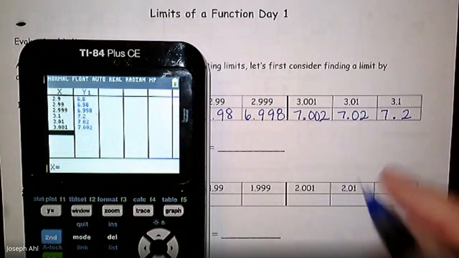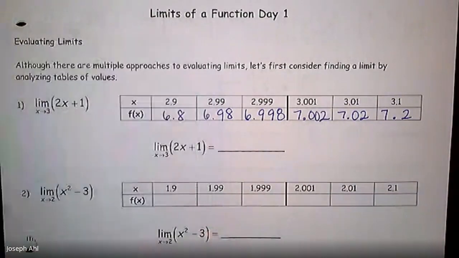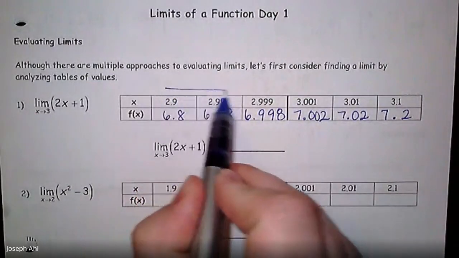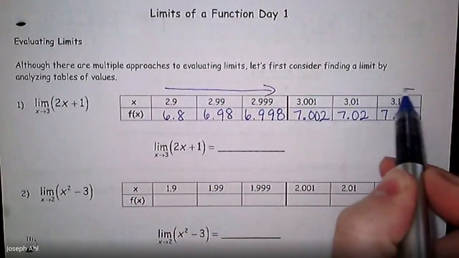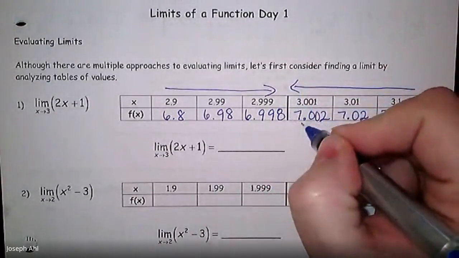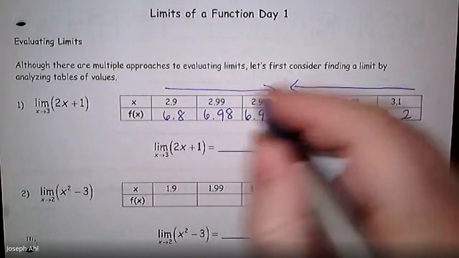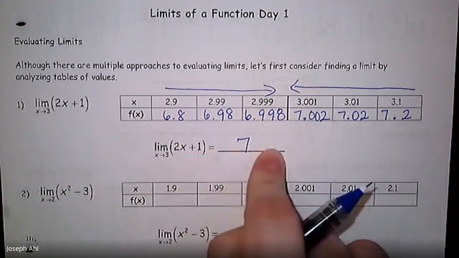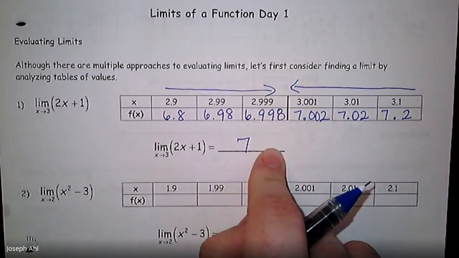You can imagine if I keep adding more and more zeros here, or more and more 9s here, that as I approach x equals 3 from the left, and as I approach x equals 3 from the right, we're getting really, really close to a value of 7. So therefore, we say that the limit as x approaches 3 for the function 2x plus 1 is 7.